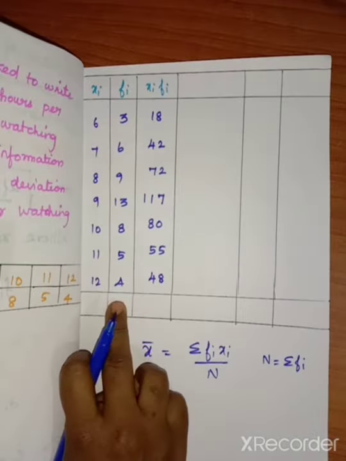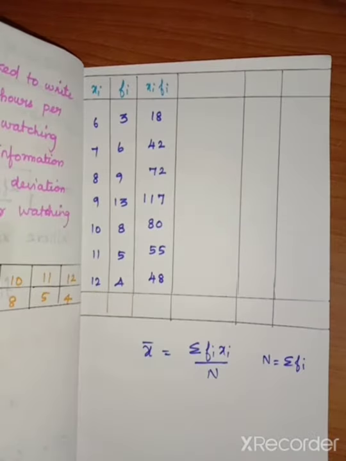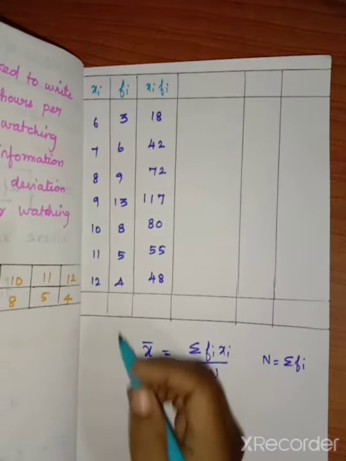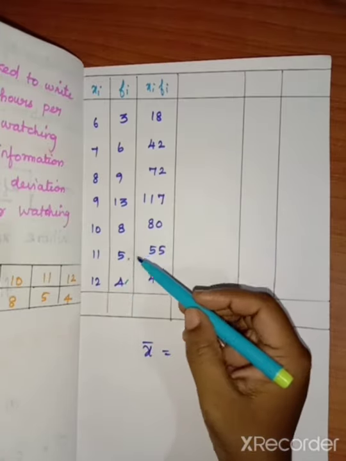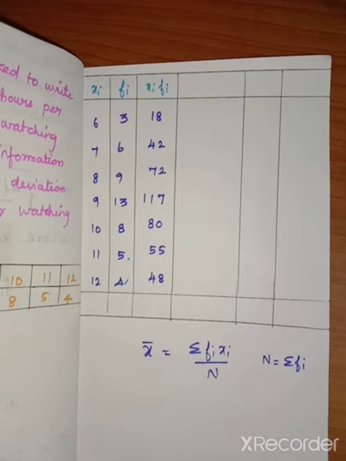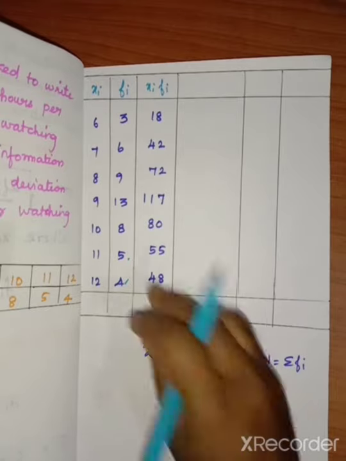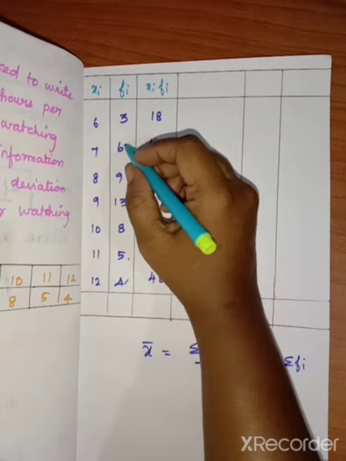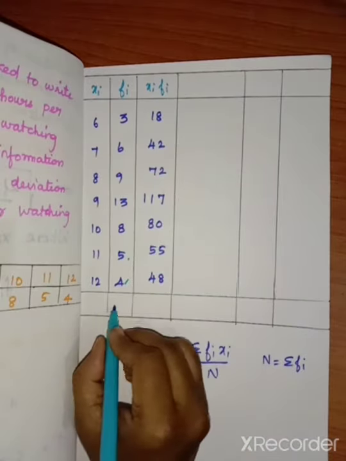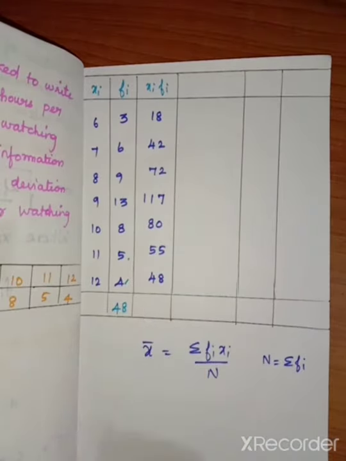So here we want to add. This also we want to add. So here if we add, that means 5 plus 4 is 9, 9 plus 8, that means 17, 17, 20, 30, 39, 39, 45, 48. So here we get 48.